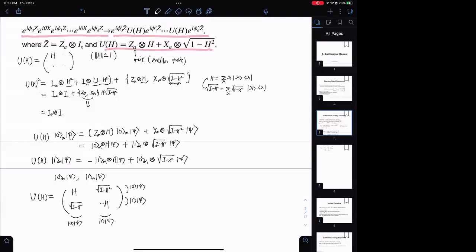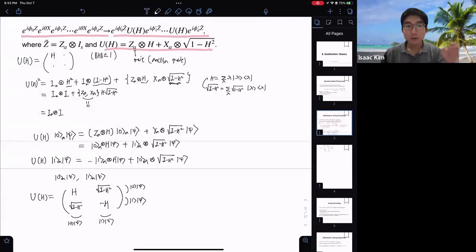The determinant of this unitary seems to be minus 1, not 1, but maybe that's not a big deal.